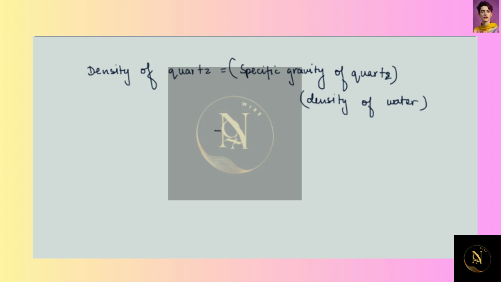Now plugging in the values, the specific gravity of quartz is 2.65 multiplied by the density of water, which is 1000. Upon solving, we'll have 2650 kilogram per meter cube.